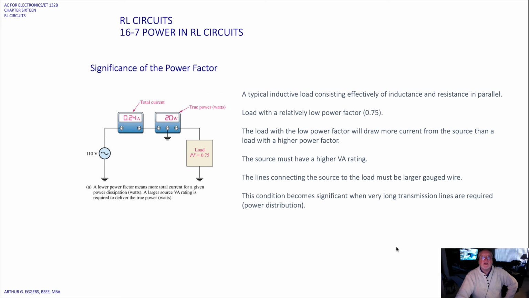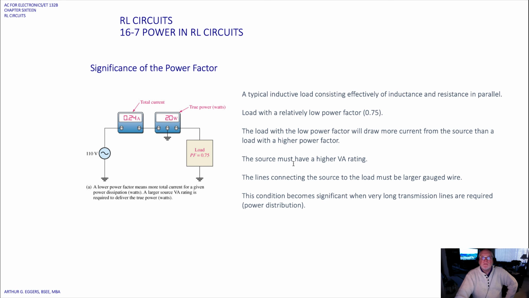Okay, we can look at an example here. A typical inductive load consisting effectively of inductance and resistance in parallel. We can see here what the meters are reading as the current is flowing, and we're determining how much energy is going to the load. This load has a relatively low power factor, 0.75. The load with the low power factor will draw more current from the source than a load with a higher power factor.